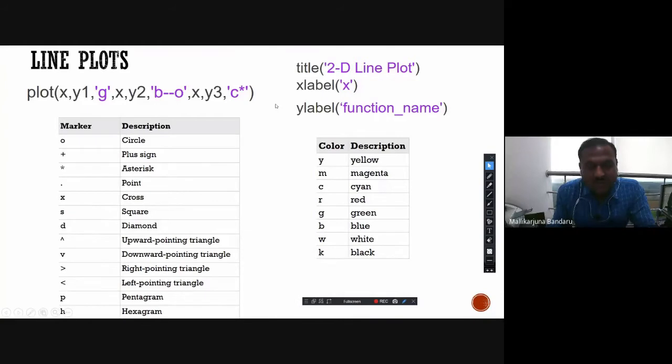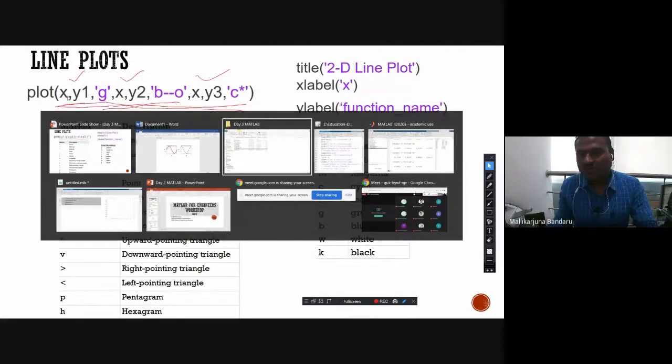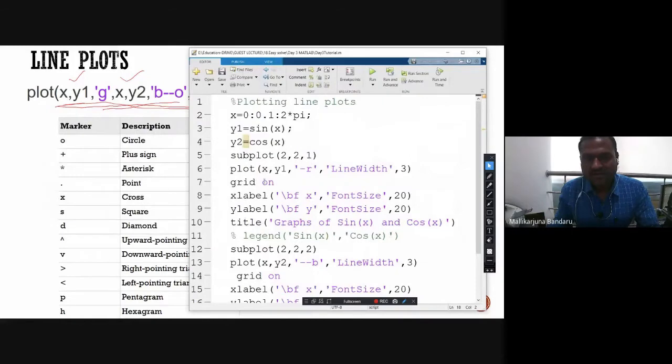Okay, but observe here in this slide, it is showing the option to plot multiple curves in a single syntax itself. See, the 3 curves, right, xy1, xy2, xy3. So this is also another possibility. Plot of xy1, let us go for that. Suppose this is the thing, right?